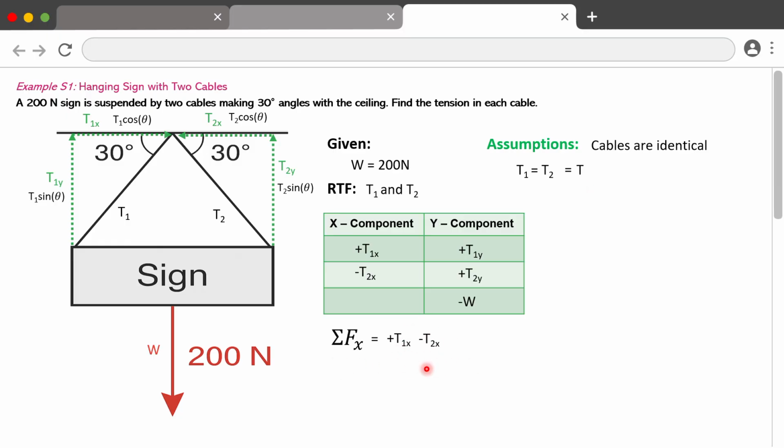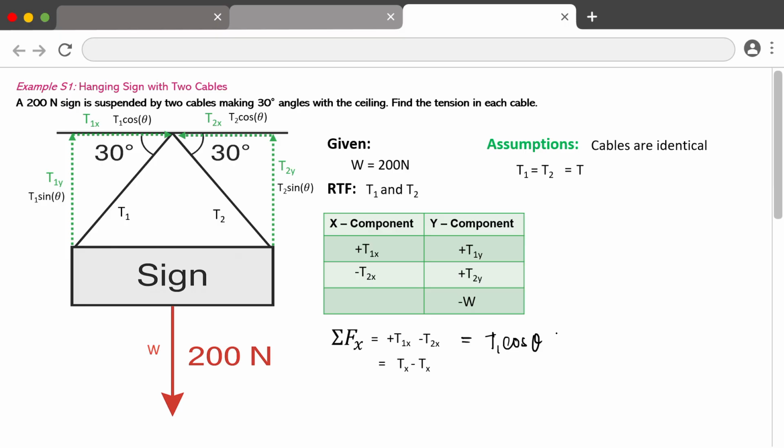So we've applied this here in our net force equation. The sum of all the forces that act on the sign on the x-axis, given by T1x plus negative T2x, can be simplified to just Tx minus Tx, since T1 and T2 are equal. Another way to look at it is with this. Remember, T1x is T1 cosine theta, right?